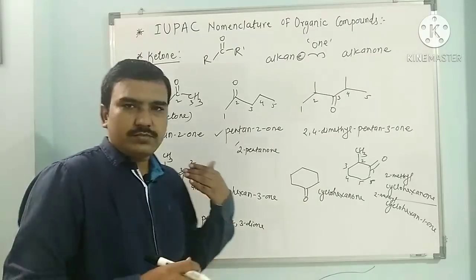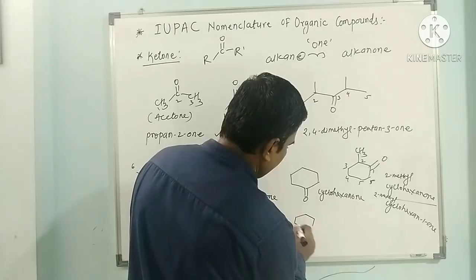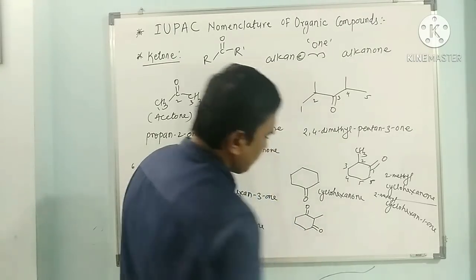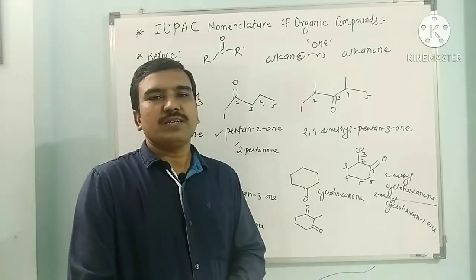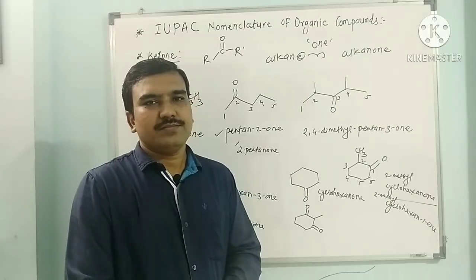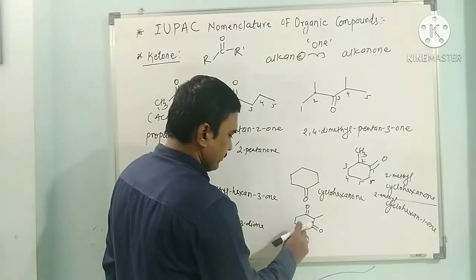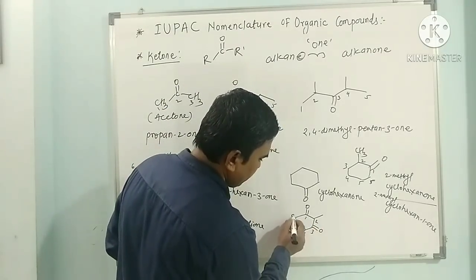If I have two carbonyls in the same compound, such as carbonyl is here, methyl is here, carbonyl is here. Try to think about its name. Two carbonyls are there. So here 1, 2, 3, 4, 5, 6.